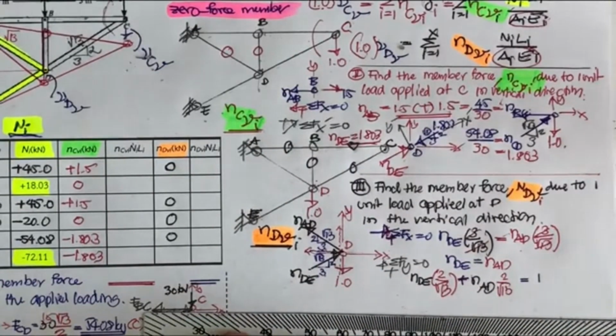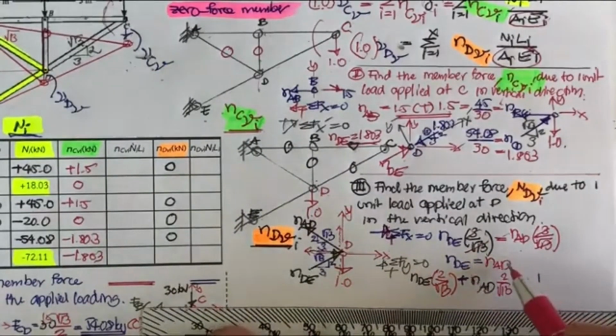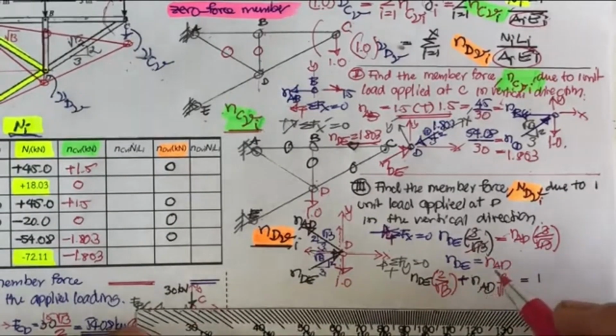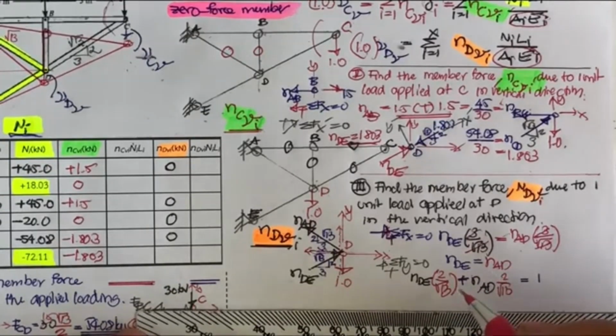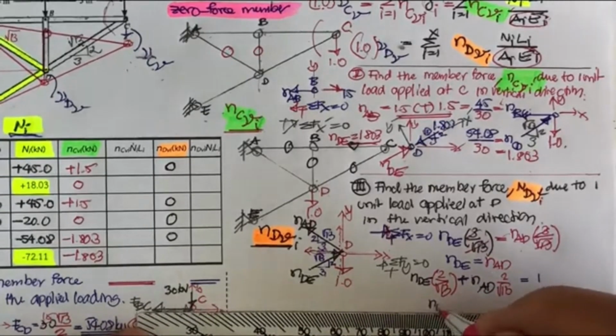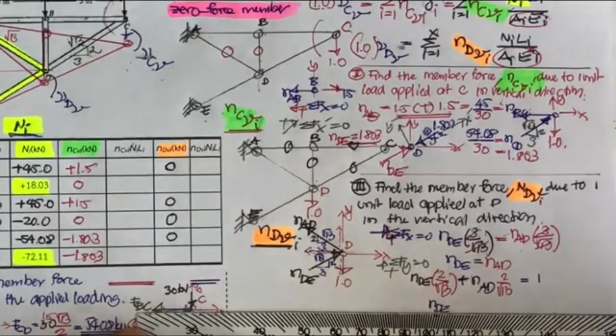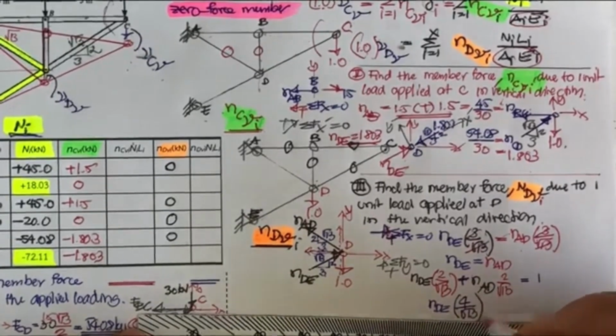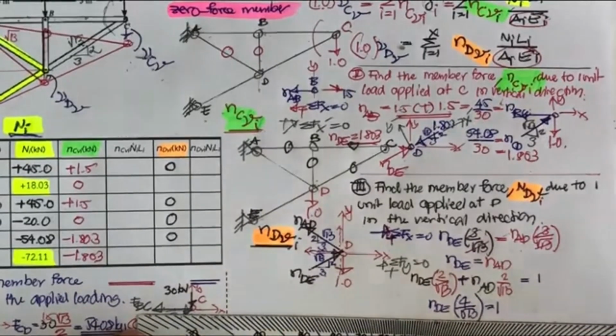Since these two are equal, it's up to you which one you use. If you use this one, N sub DE times 4 divided by square root 13 is equal to 1.